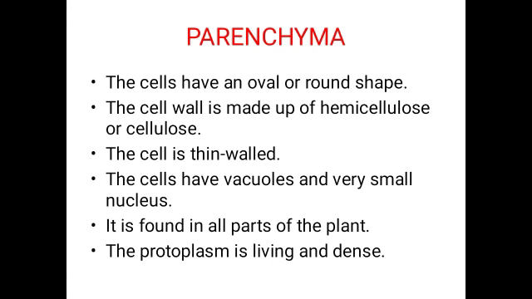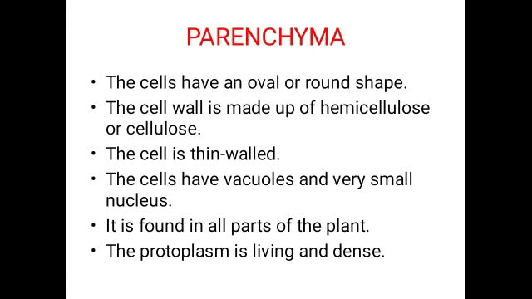We can compare the parenchyma with collenchyma and sclerenchyma cells later. First, listen to the parenchyma cells alone. The cells have vacuoles and a very small nucleus. It is found in all parts of the plant. The protoplasm is living and dense. So these are the characteristics of parenchyma cells.